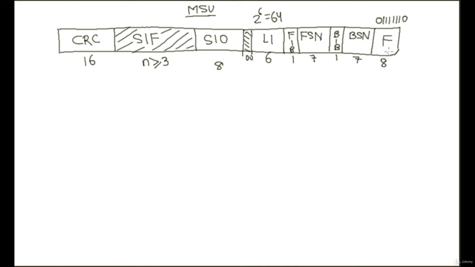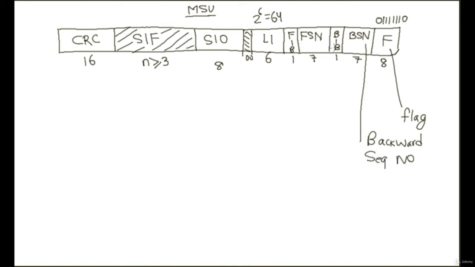So once again, let us recapitulate. The F here is the flag for segregating the packet. BSN is the backward sequence number, which is used for tracking, providing the sequence number for the traffic in the backward direction.